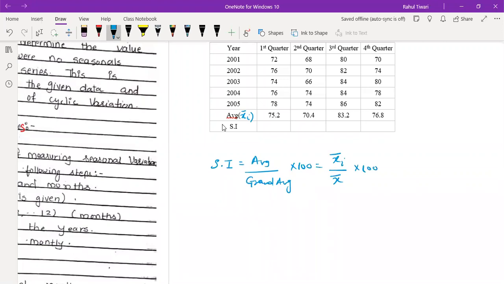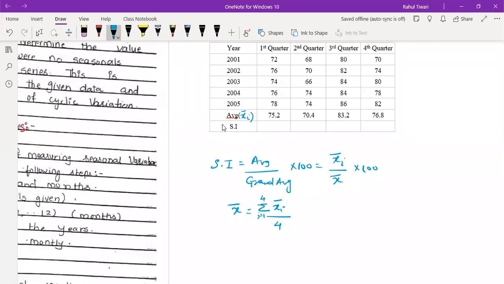This x bar is the average of these four values, so x bar is the summation of x bar i upon 4, where i runs from 1 to 4.